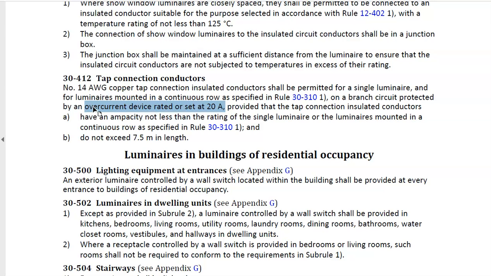You could have a 20 amp circuit that's going to be fed with number 12s, and then where you tap down into that row of continuous end-to-end mounted fluorescents, you are allowed to drop down to a smaller gauge of 14 AWG, not 16, not 18, but down to a 14, provided that you don't go more than 7.5 meters in length, and provided that all the lamps or the ballast connected to it do not exceed the current value that would be off of it.